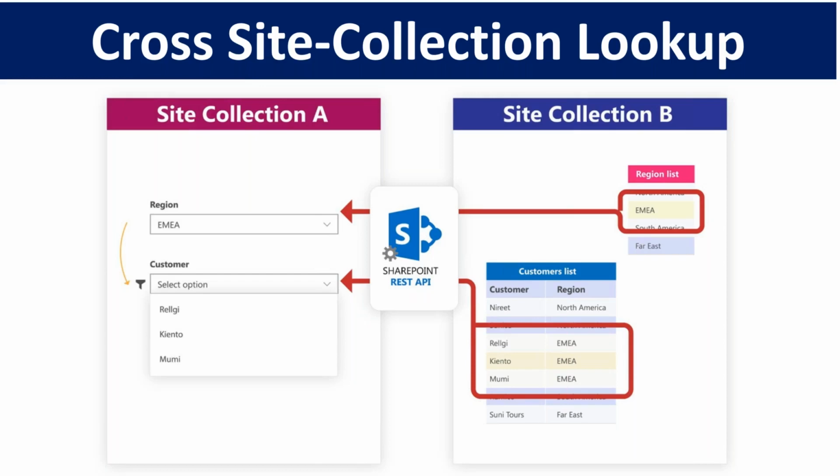But since today Microsoft suggests creating site collections, which are like the sub-sites we had years ago, the recommendation is to avoid deep sub-site hierarchies and go for a flat multi-site collection structure. So the need for a cross-site collection lookup became more common. I'm going to show you how you can implement it using the external data lookup.